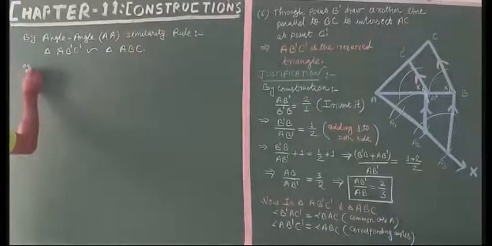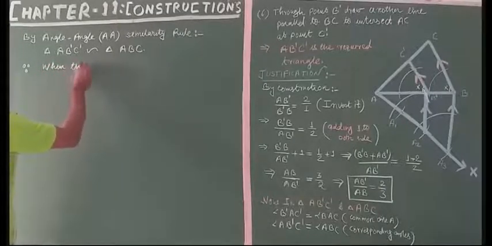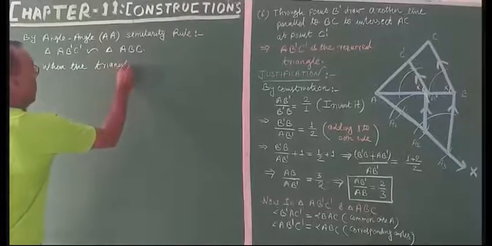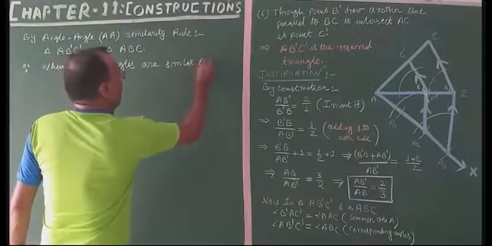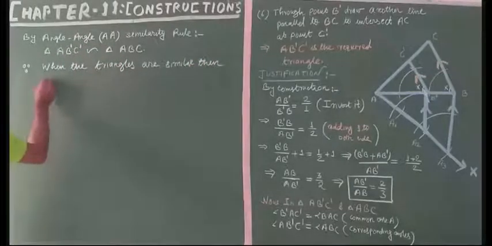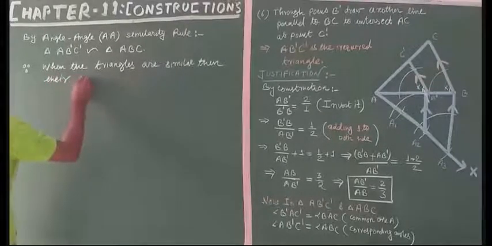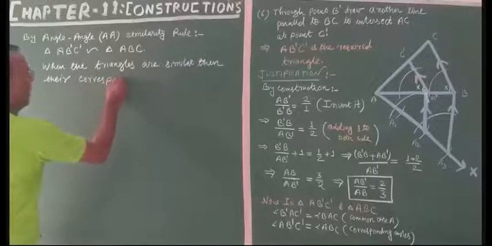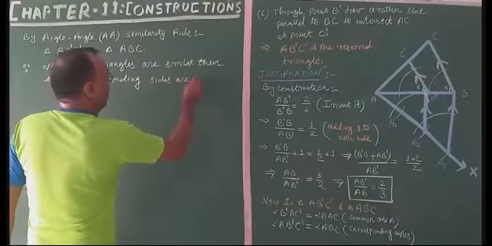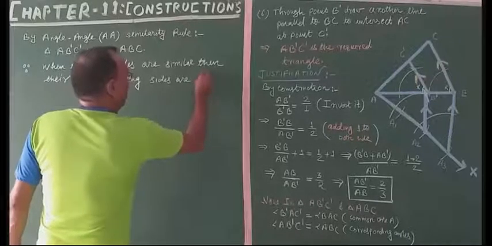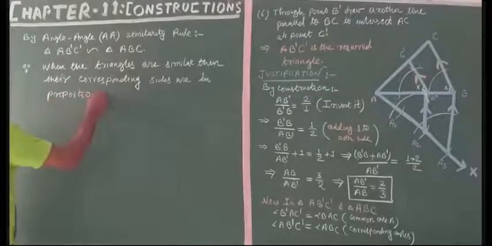Since when the triangles are similar, then their corresponding sides are in proportion.